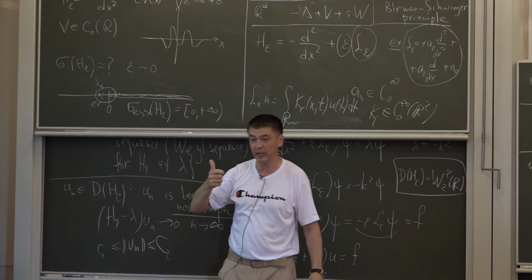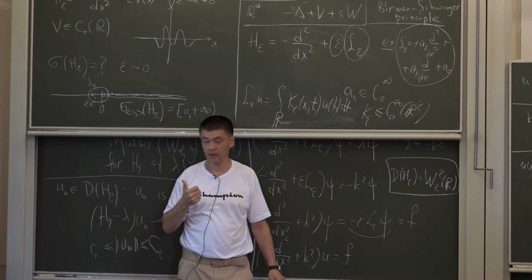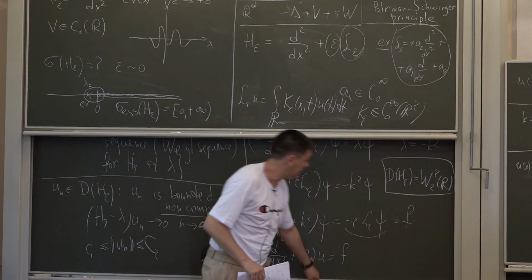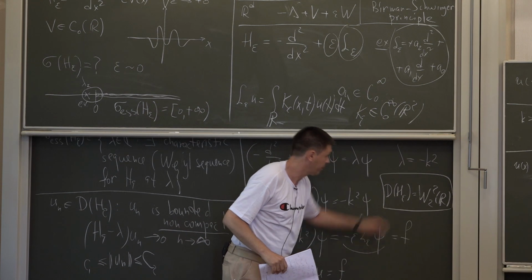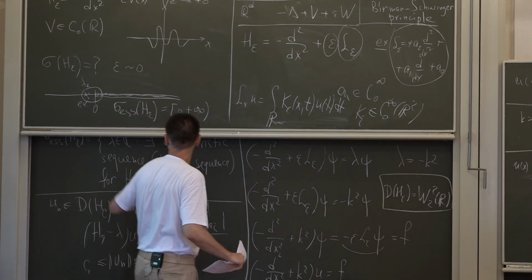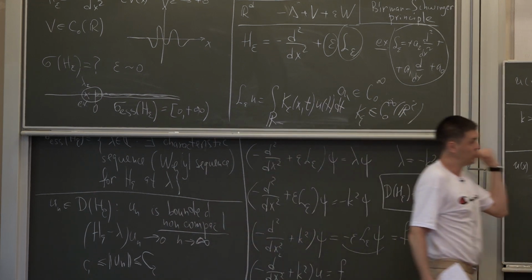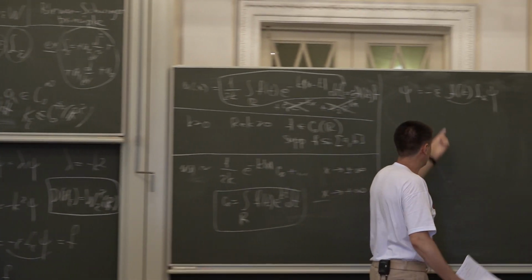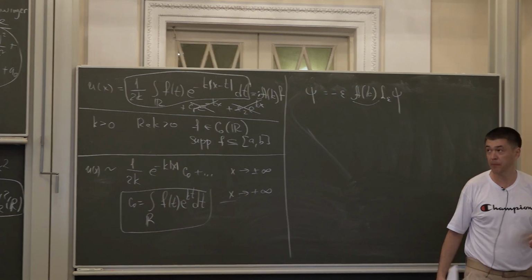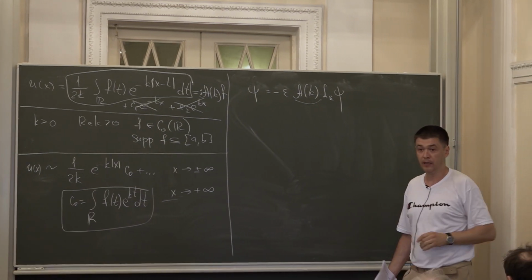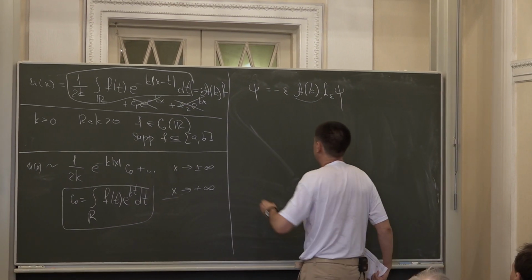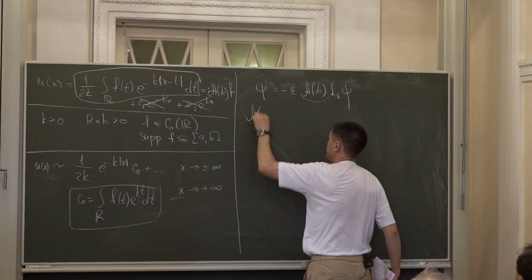It means that our k should be small. So if we seek the eigenvalues in such form, and if we want to catch this effect, it means that k is small. So first of all, I should understand how my operator A of k behaves for small k. And this can be done very easily.